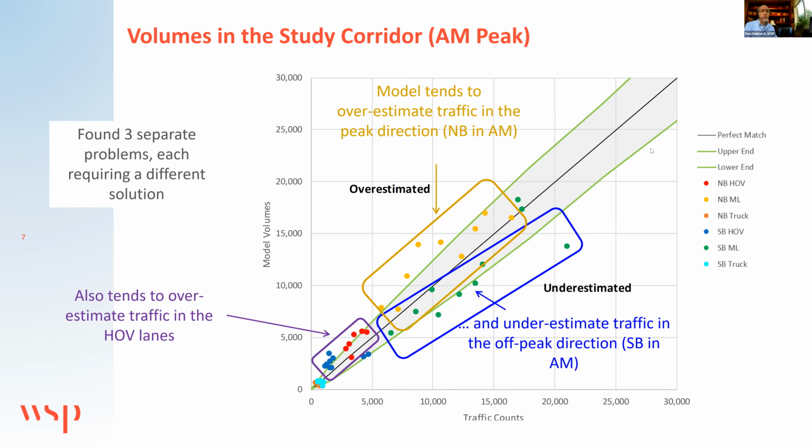And it was tending to overestimate traffic in the HOV lanes generally. Other corridors might have a different set of problems or possibly no problems at all. But for our particular corridor, we found that there were 3 problems that were separable and could be fixed by making different types of adjustments. Next slide, please.